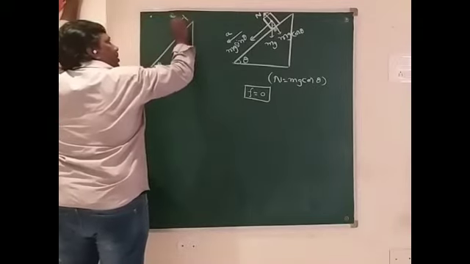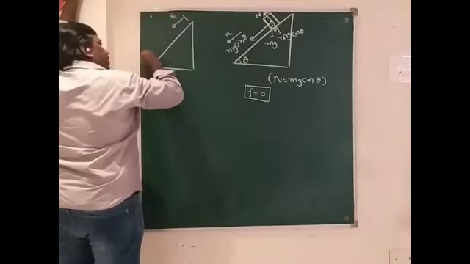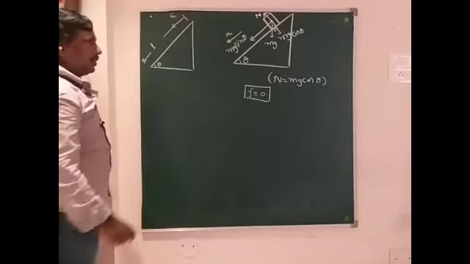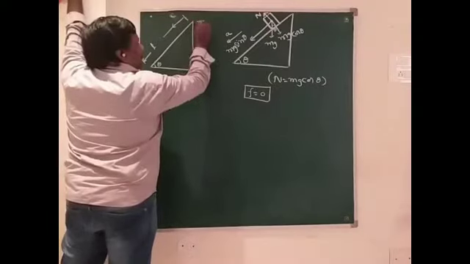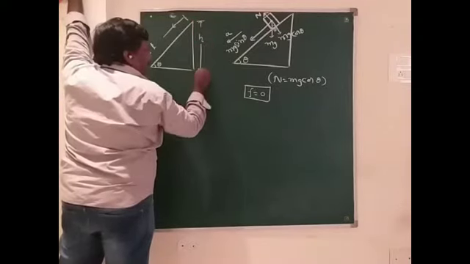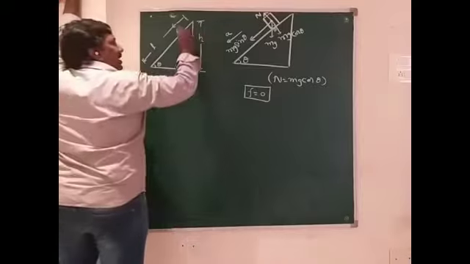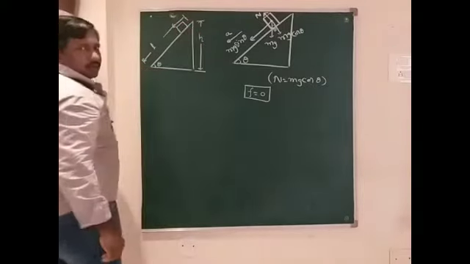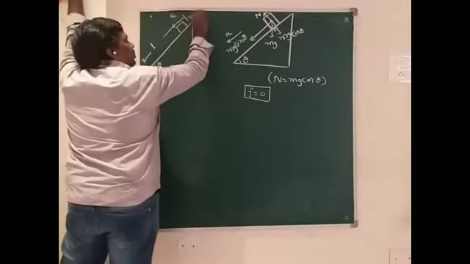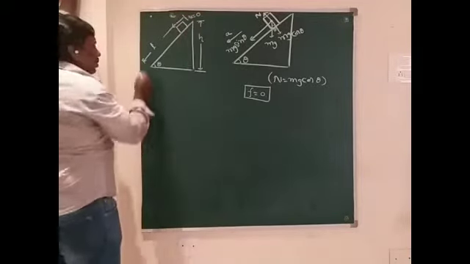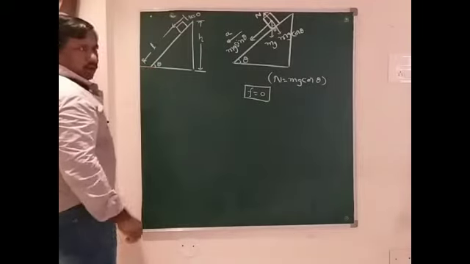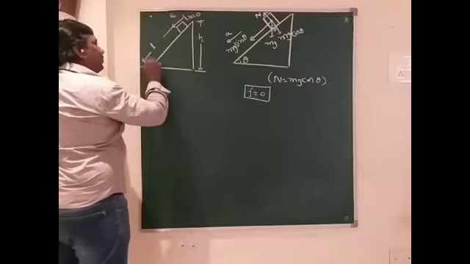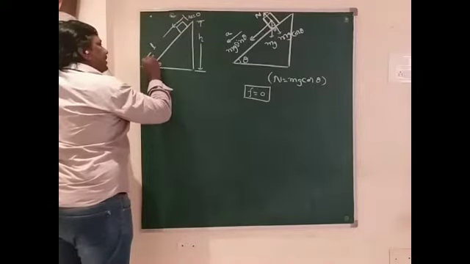Here L is the length of the inclined plane and H is the height of the inclined plane. Now the block is released from rest, so the initial velocity of the block is 0. When the block slides down to reach the bottom of the inclined plane, its final velocity is V.